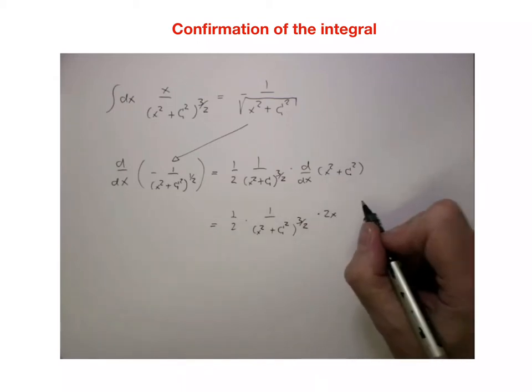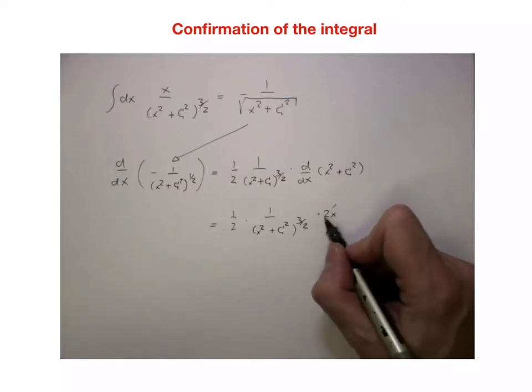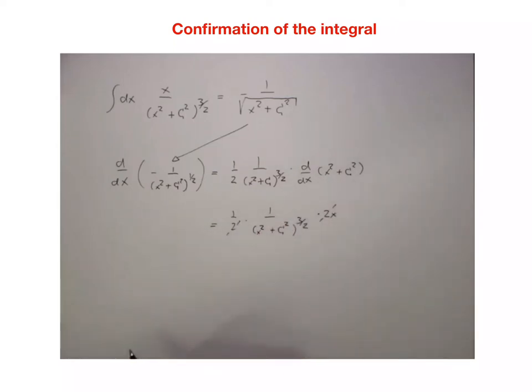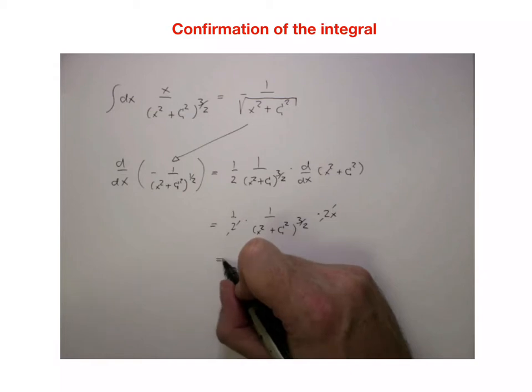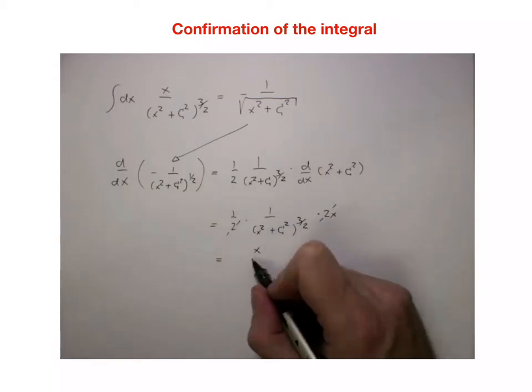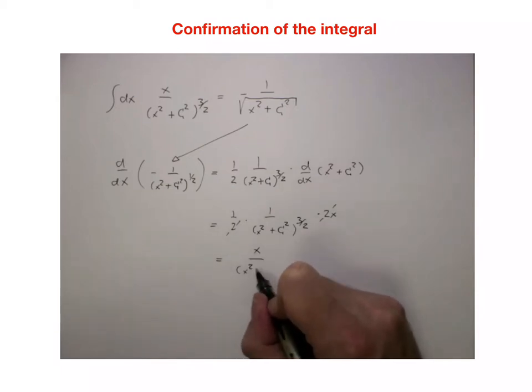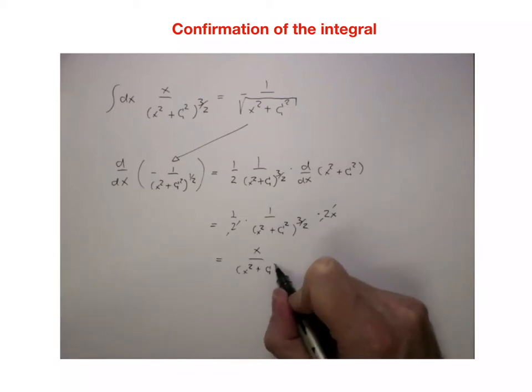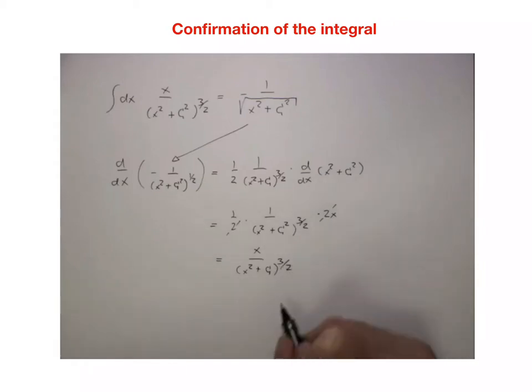And if we combine these terms, this cancels with the 1/2, for example, we obtain x divided by x squared plus c squared to the power of 3 on 2.